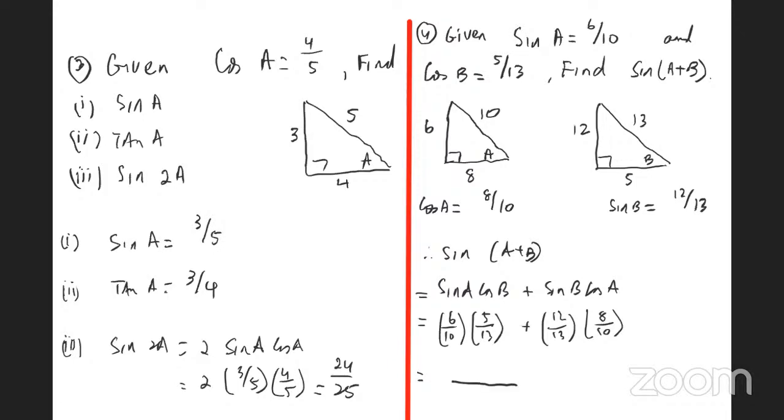Everything is over 130. This is 30 plus 12 by 8, which is 96. And then you can simplify it out. 63 on 65. Nice.